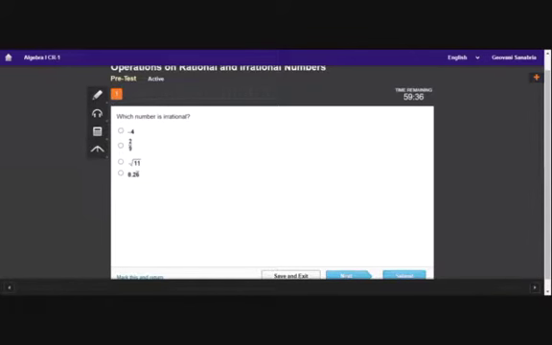So 4 is rational because it's a whole number. 2 over 9 is rational because it's already written as a fraction. 8.266666 repeating is also a rational number. So the three ideas for rational are whole numbers, fractions, and repeating decimals.